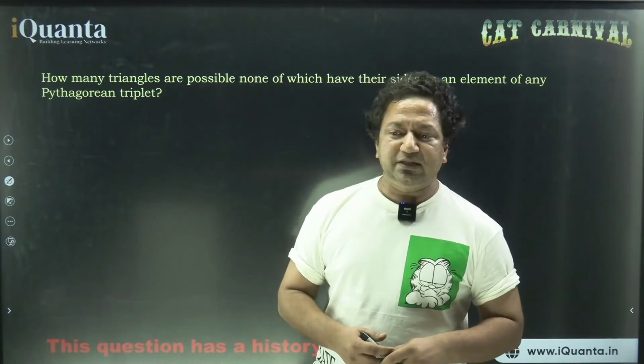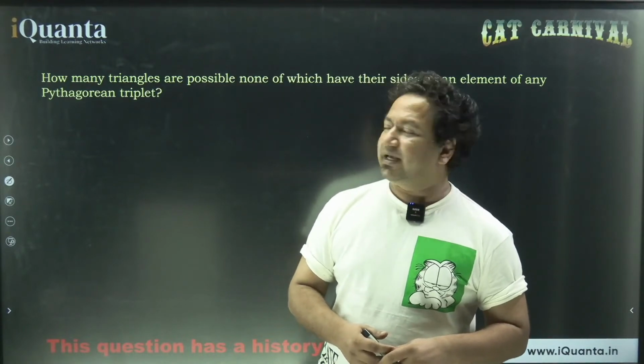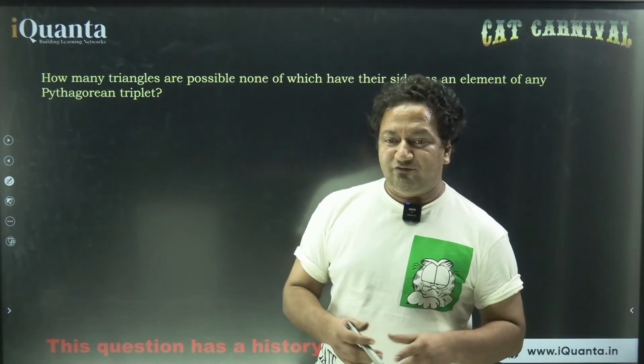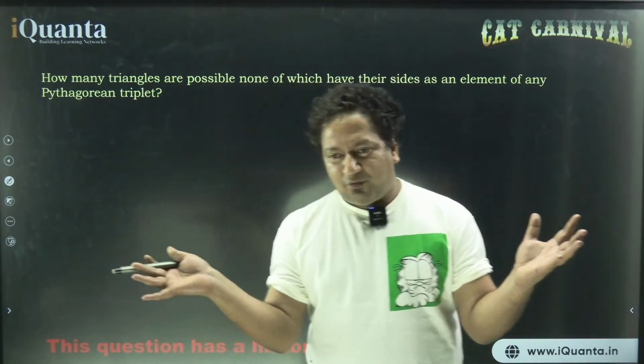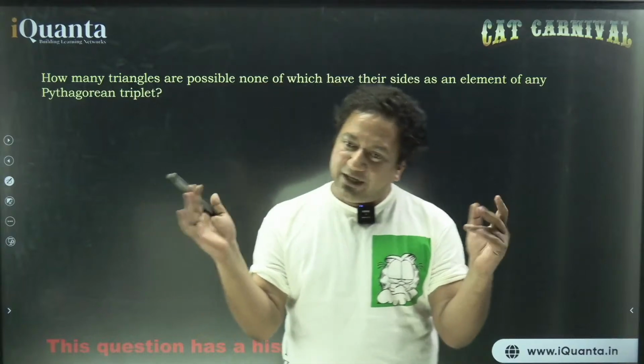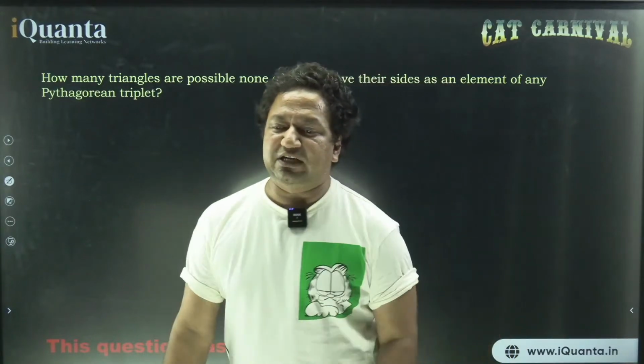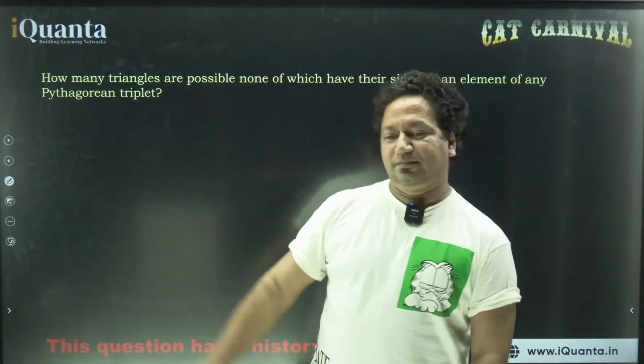So he was in the class and he asked me that he had finished everything in all the CAT books. I know everything. There's only one question which I found somewhere that I could not solve. The question was this one.